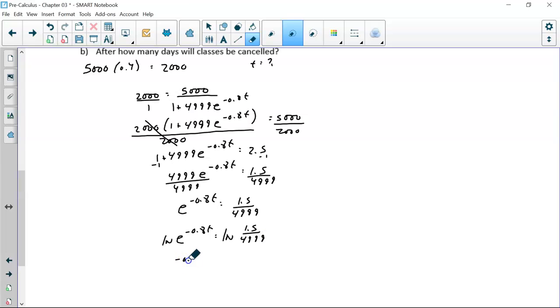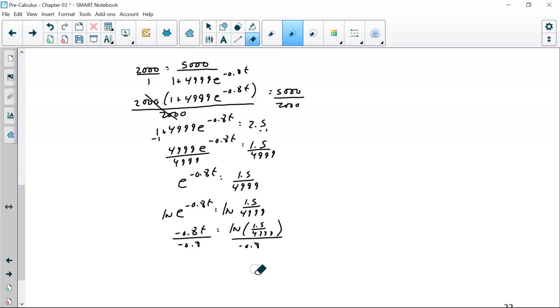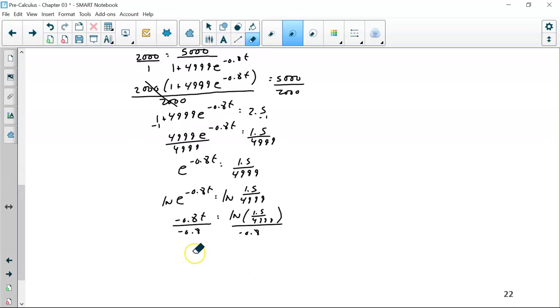So we get negative 0.8t equals the natural log of 1.5 divided by 4,999. And then we're going to divide both sides by negative 0.8. And we're going to type it into the calculator just like that. So t equals about 10.13 days.